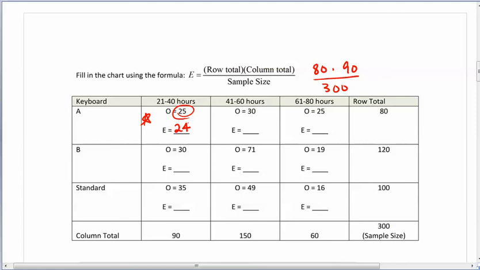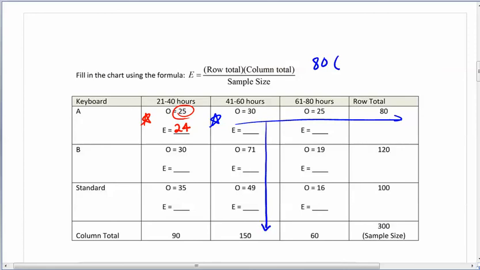Okay, let's do the next one. Let's change colors here. So for this cell, our row total is 80, which was the same as last one, but now we're in this column, and 150 is our column total. We divide that by 300, and when you do, you get 40.